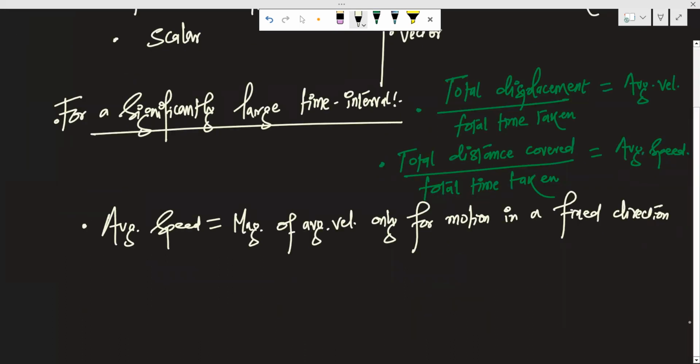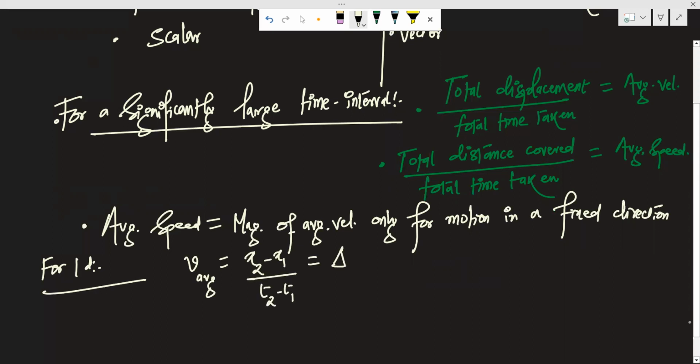And if you want to write for motion in one dimension, average velocity is equal to the total change in position, x2 minus x1, by t2 minus t1, the total change in time, which equals delta x by delta t.